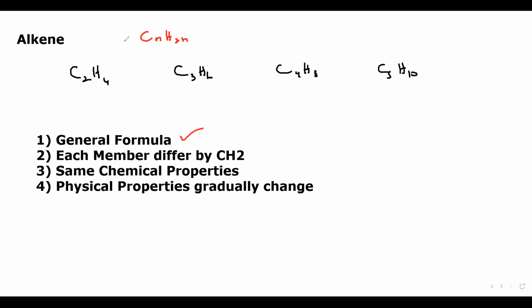Each member differs by CH2. When we check the difference between the two members, two carbon, three carbons, one carbon is different and two hydrogens are different. Like two extra hydrogen and one extra carbon. This also one extra carbon and two extra hydrogens. This also one extra carbon and two extra hydrogens. So each member differs by CH2.